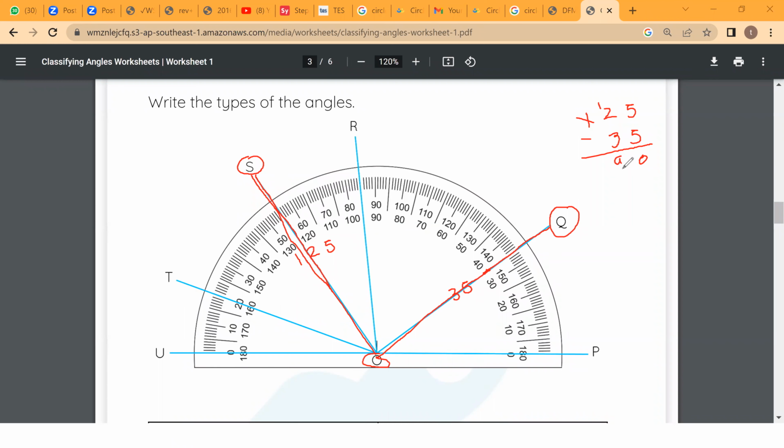So that means QOS measures 90 degrees. So what type of angle is QOS? Right angle. Okay, so QOS, Q and O and S, is a right angle.